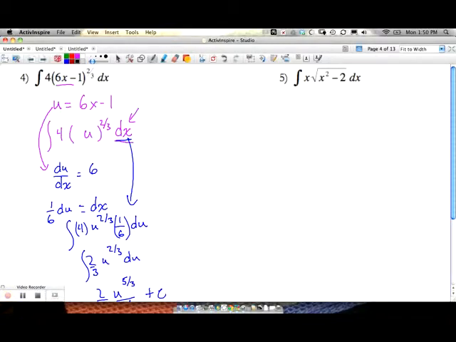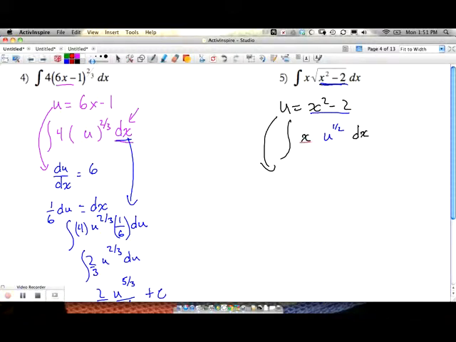Now it looks like it's getting more challenging, but in fact it's not. Just keep it simple. Answer, what's u equal, and then look for your leftover. So in this case, u equals x squared minus 2. So let's rewrite and see what we have. We're going to have u to the 1/2, but we still have left over an x and a dx.